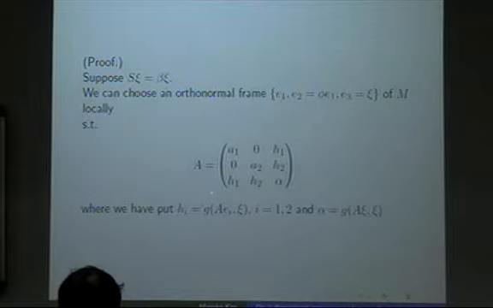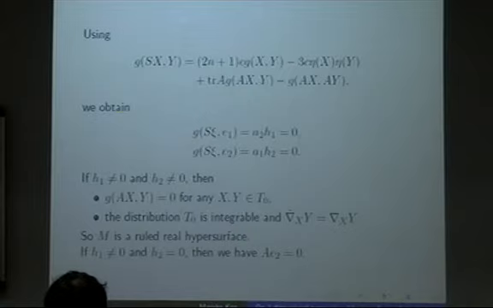Here we have put h_i is g(A e_i, xi) and alpha is equal to g(A xi, xi). Then we have this equation obtained by the equation of Gauss. Using this and the previous matrix, we have these equations.